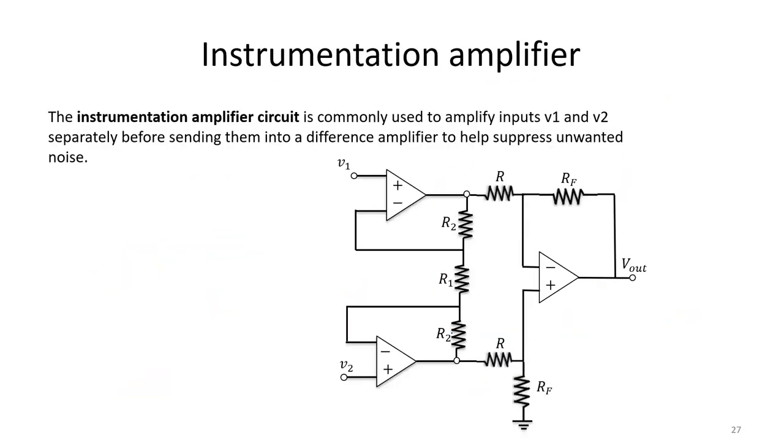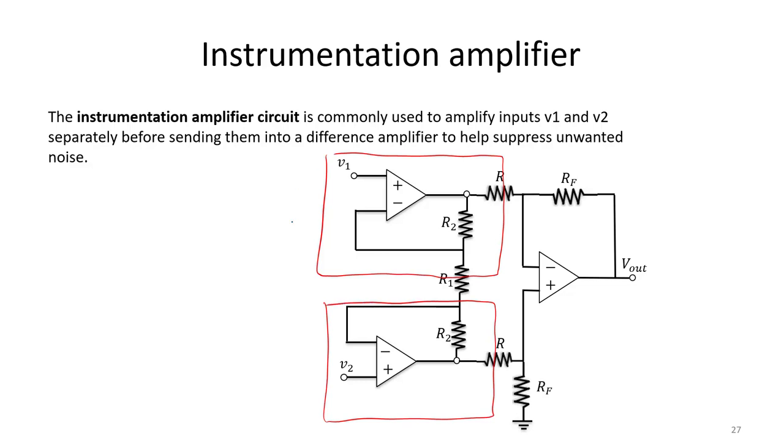Let's move on to our next application. Another very common amplifier circuit that we see in the real world is the instrumentation amplifier. What we do here is we take three amplifier circuits and combine them together.